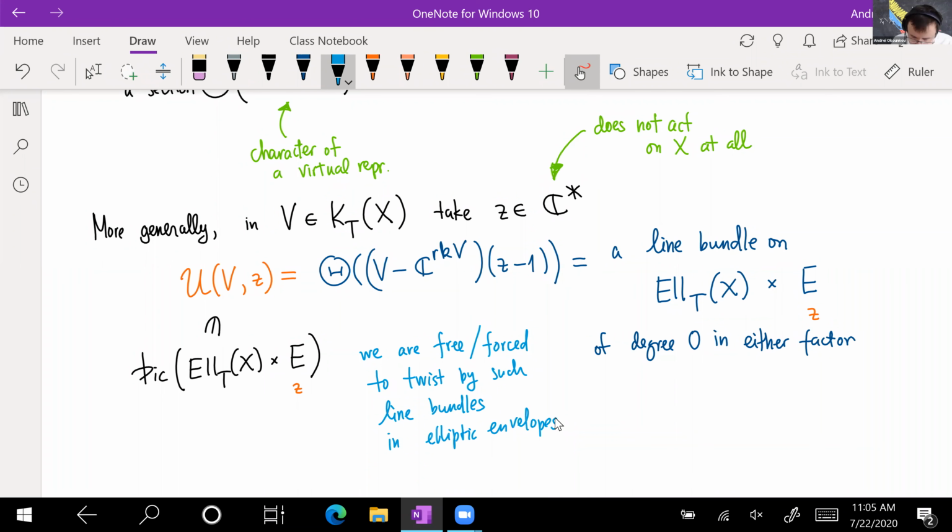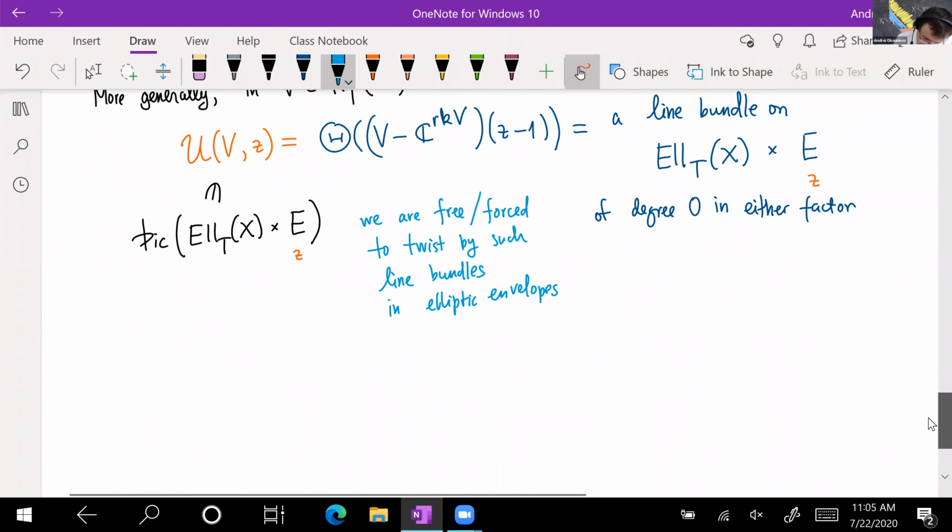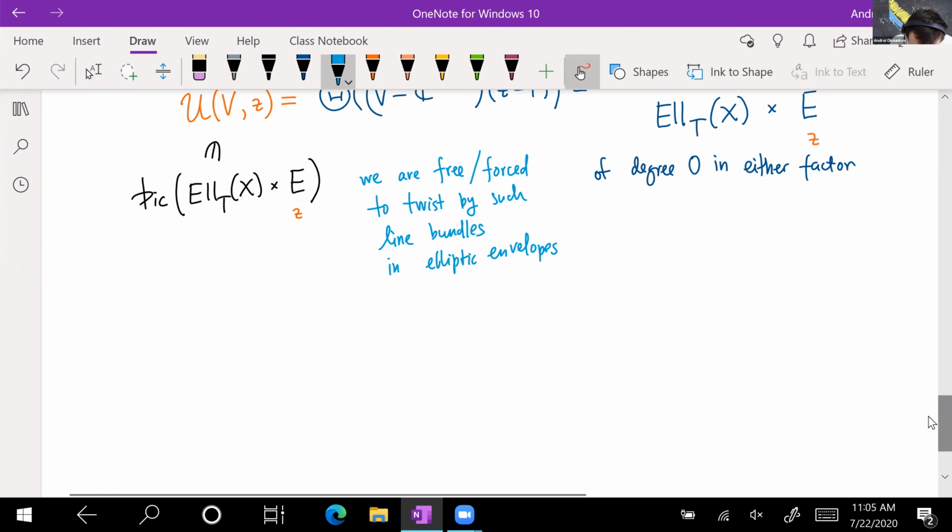And why we're forced is, for the simple reason that we review in a second, for the reason I already explained, that if I just change what is attracting and what is repelling, then the bundle itself changes and requires a twist. So that's the explanation.